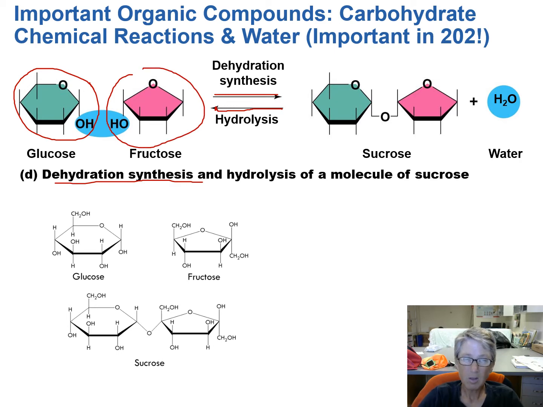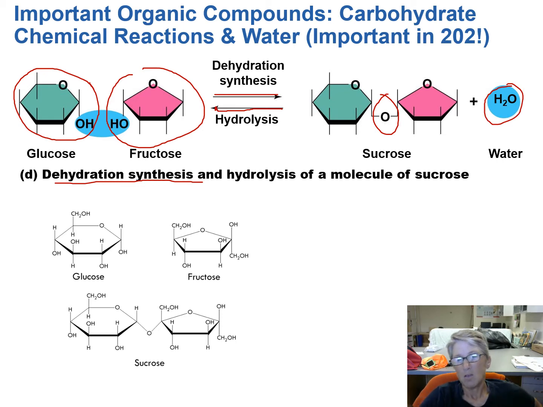It kind of looks like they're linked here, but they're not. That's just showing you these 2 hydroxyl groups in blue. So if you want to make sucrose, delicious table sugar, you pull a water molecule out of these 2 monomers. You hook them together and make sucrose, and you also get a water molecule out of that.